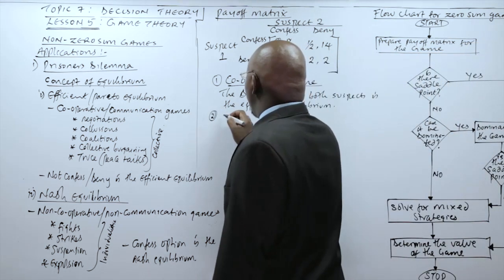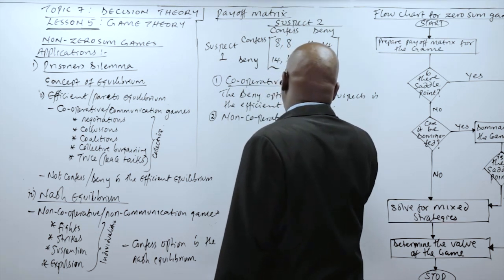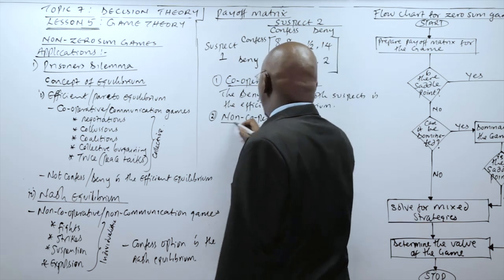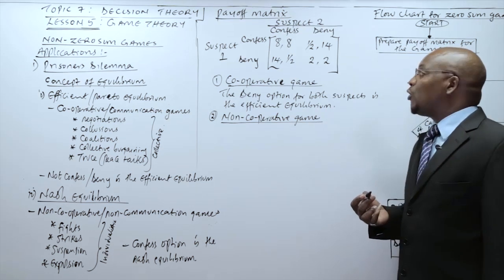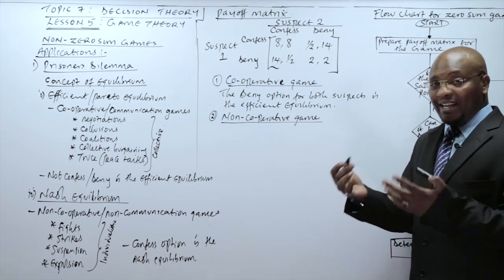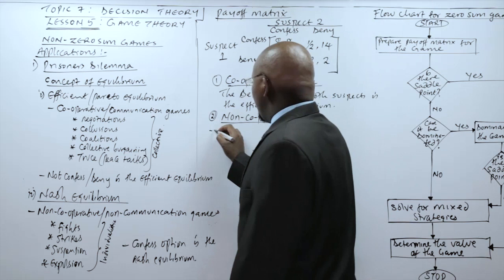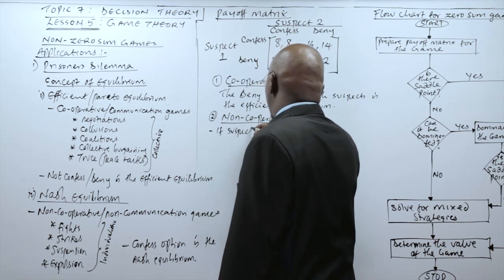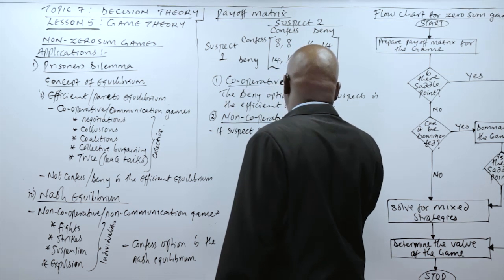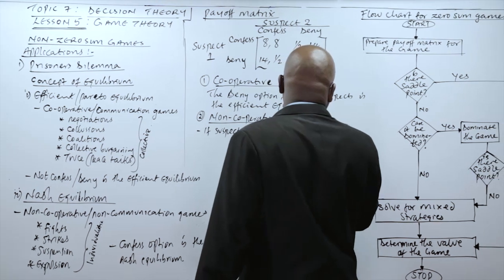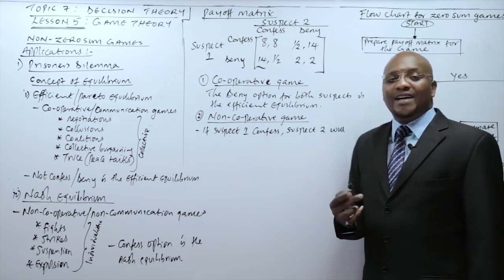But if it is a non-cooperative game, then it is difficult for us to agree on how they are going to both play. They are not going to agree anyway. They are not going to discuss, but the way they will play is as follows. If suspect 1 confesses, suspect 2 will do what?